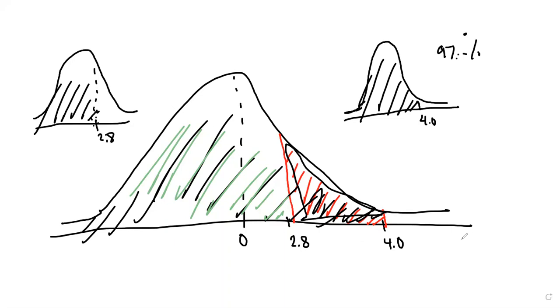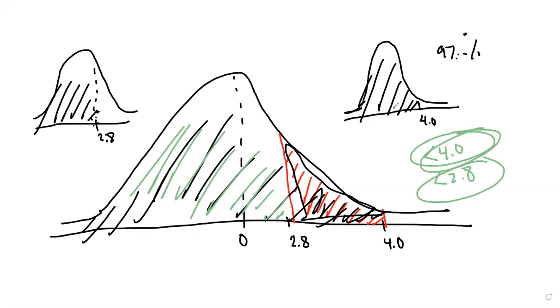If you would like to compute the area, proportion, or percentage between two values, you need to do the z-score. You go to that website and get the area that is less than 4.0, get the area that is less than 2.8, and subtract this from this one here. And that's how you do it.